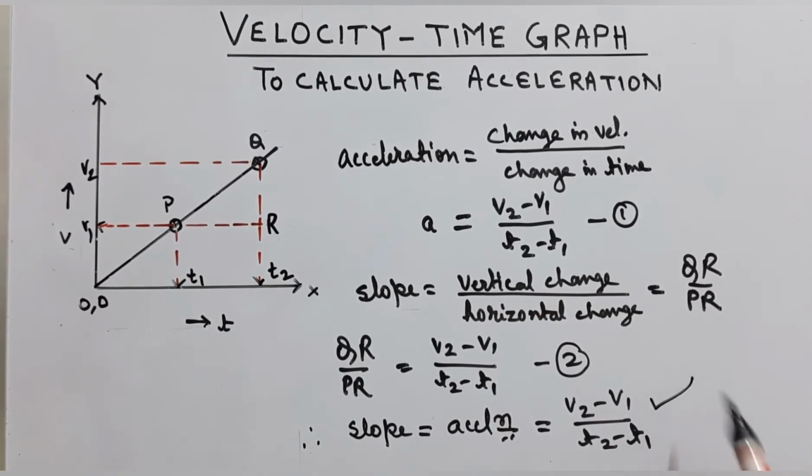So this is our formula: slope is equal to acceleration is v2 minus v1 upon t2 minus t1. So the slope of a velocity time graph gives us the acceleration.